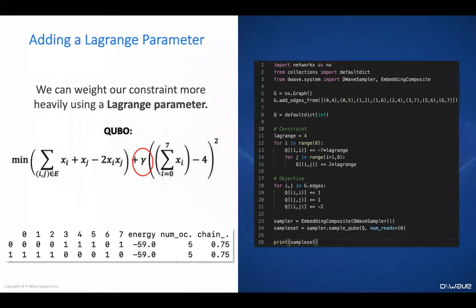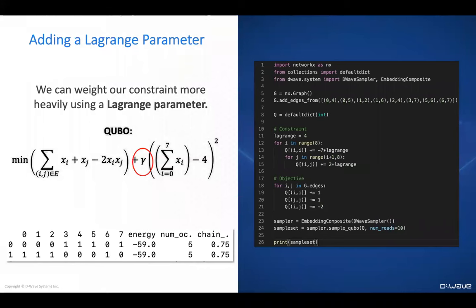It's the constraint that gets multiplied by gamma. And you can see how this is going to work. I've got a number of edges, and Lagrange of 4 is going to do a better job of weighing it versus the other.